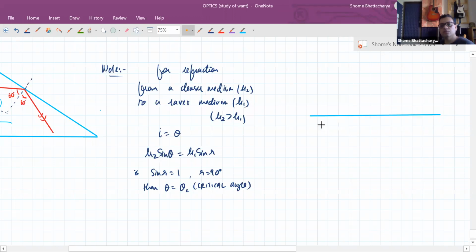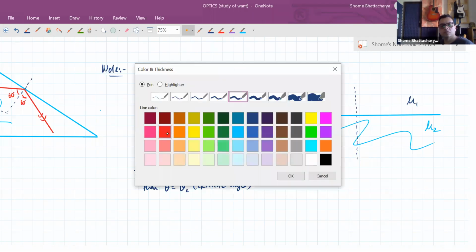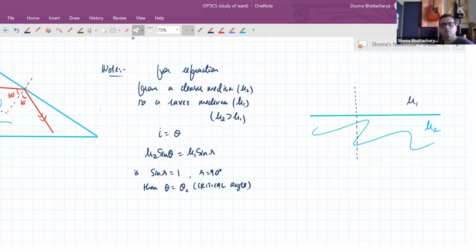So if I'm going from a denser medium mu2 to a rarer medium mu1, but the phenomenon happening is this one.